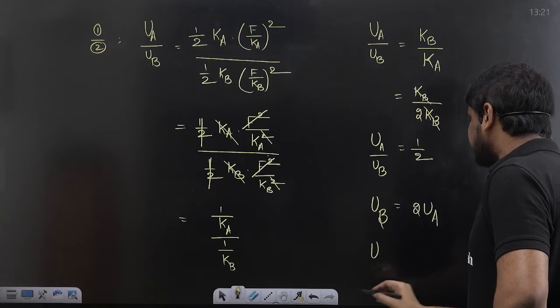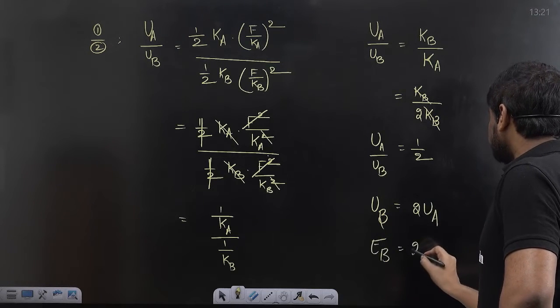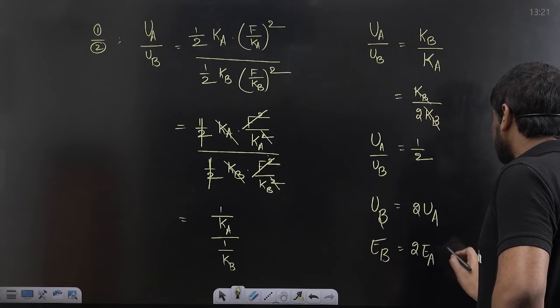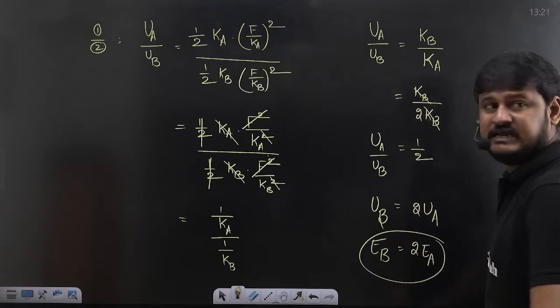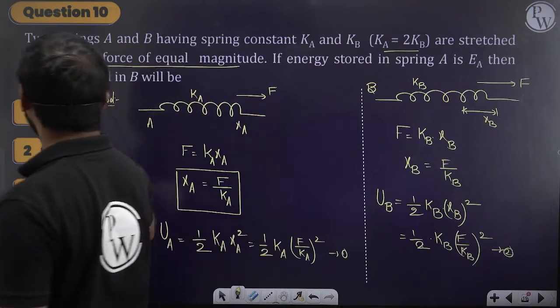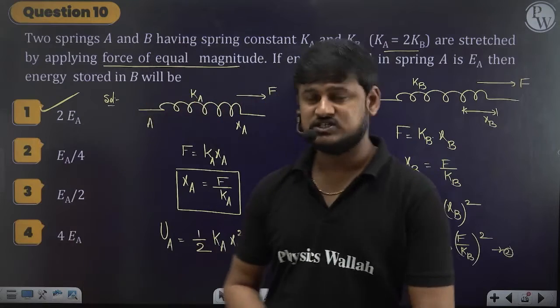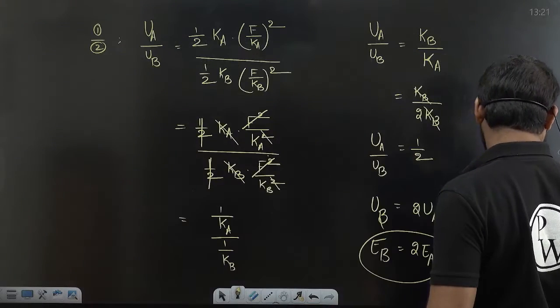As they said in terms of E, let me write EB is equal to 2 times EA, right? Just in place of U I am writing E. So option 1 is the correct answer, guys. Clear? Understood? Chal. So let's move further.